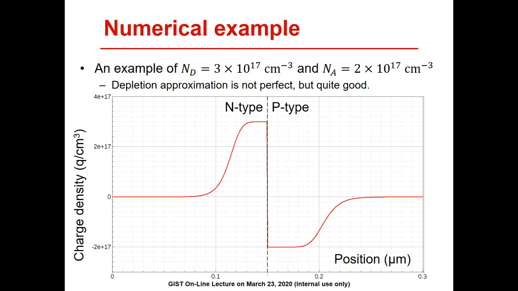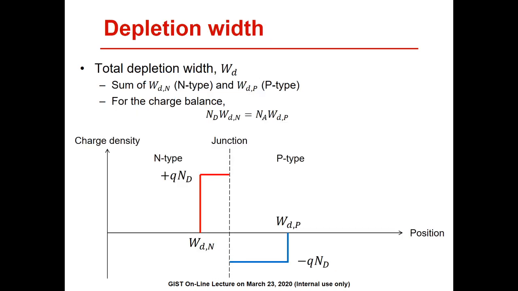As shown in the figure, the depletion approximation is not perfect but quite good. Depleted regions are found in both the n-type region and the p-type region. The total depletion width can be obtained by summing the depletion width of each region.